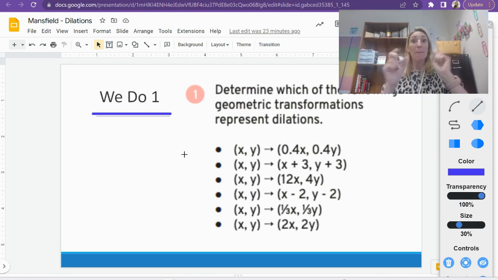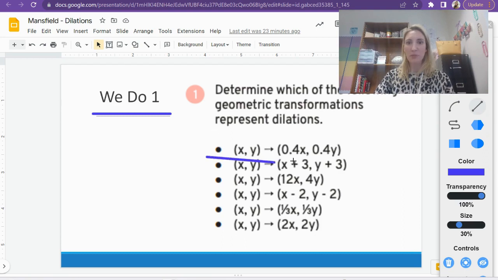Perfect, multiplication. My second question, is it the same number? 0.4, 0.4. Yes, it is. That's dilation. All right, so please copy this one here on your paper because this is a dilation. So far on your paper for this problem, I need We Do Number 1, and then you copy that first one, x, y, arrow, 0.4x, 0.4y.